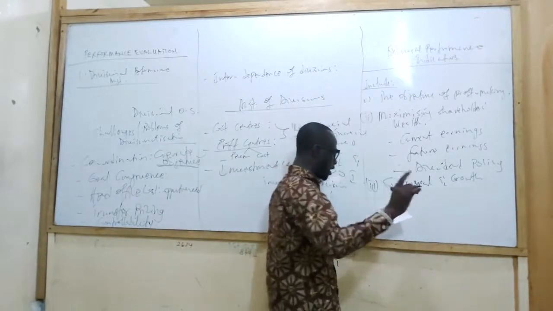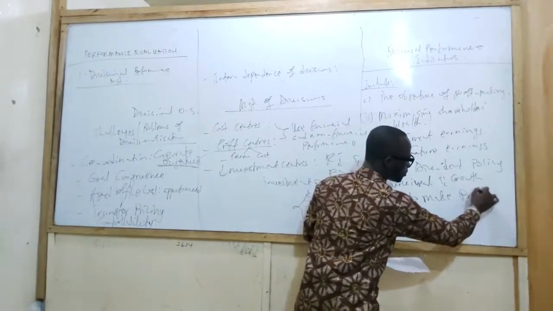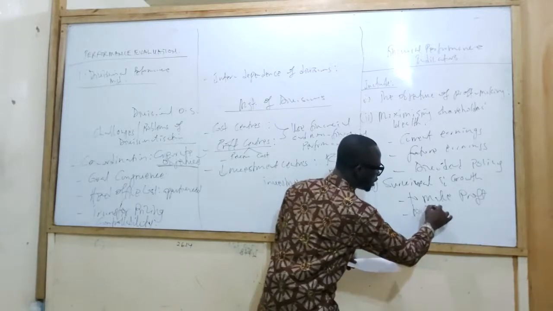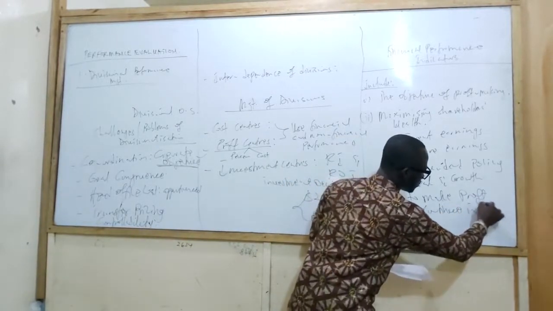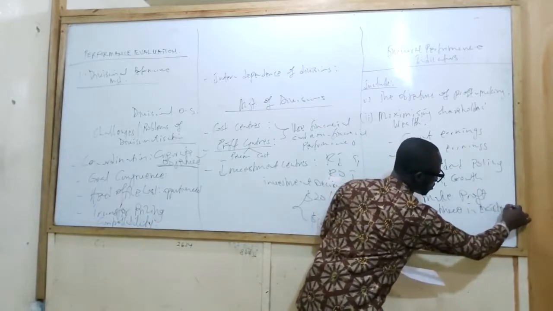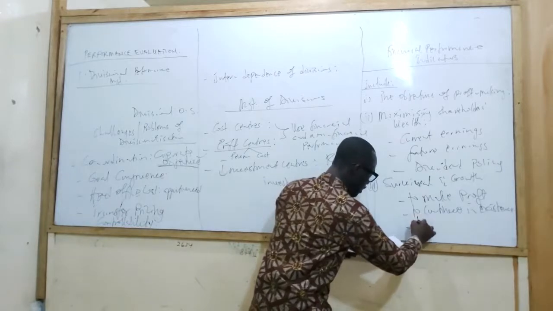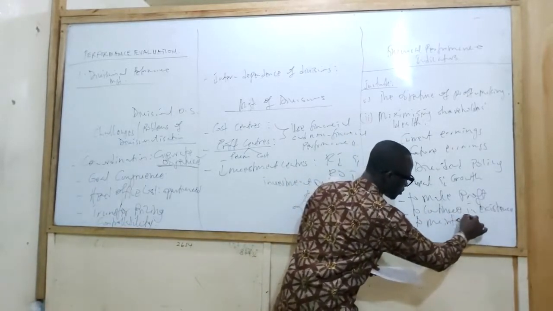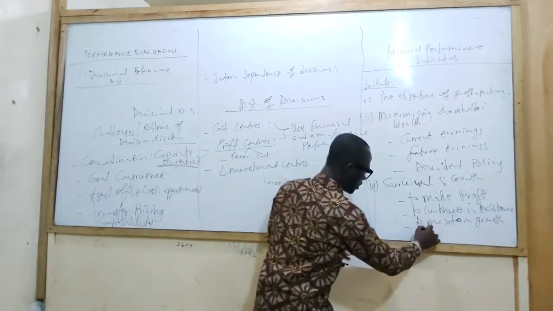One, the ability of the company to make profits. Two, the ability of the company to continue in existence. And three, the ability of the company to maintain growth and development.